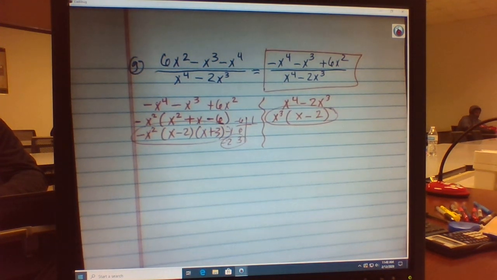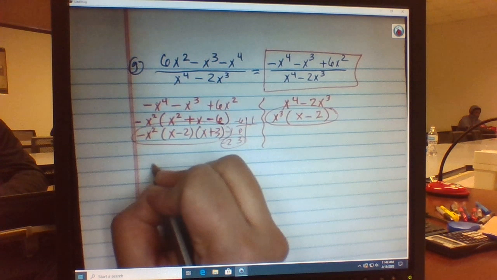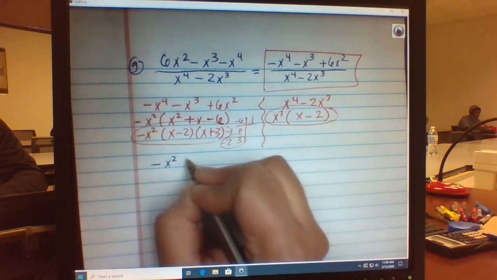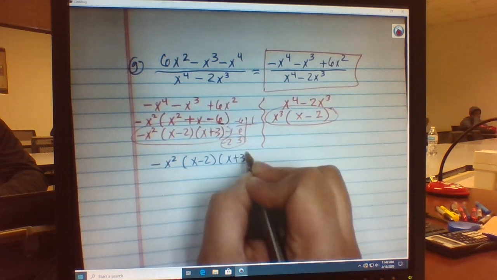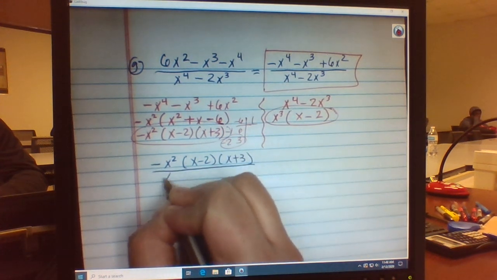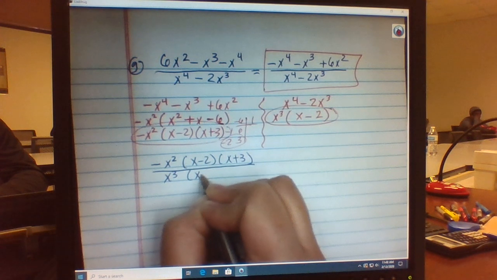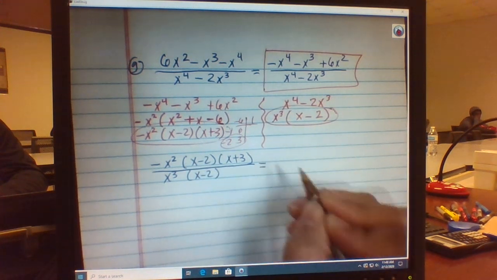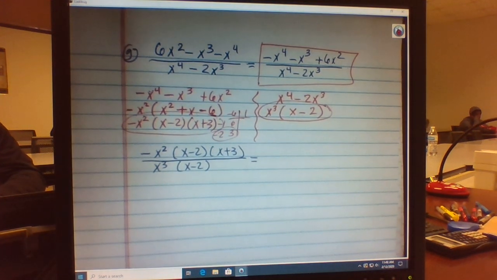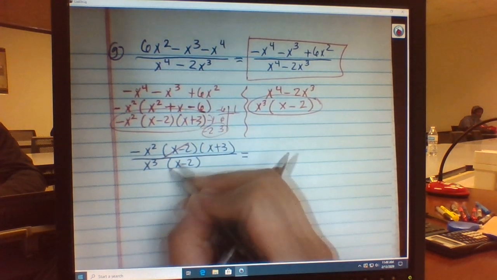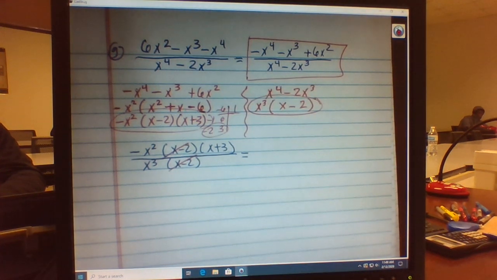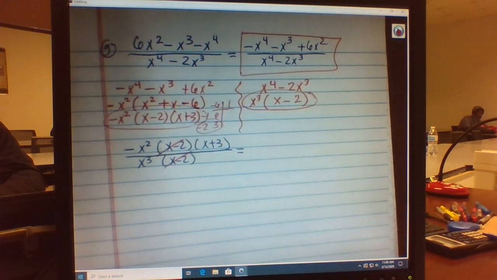Let's rewrite them one on top of the other. Negative x squared, x minus 2, x plus 3, over x cubed, x minus 2. So for right now, and I'm wondering if you can see everything, who can I cancel out? X minus 2. Now, I need you to understand this, so look here.